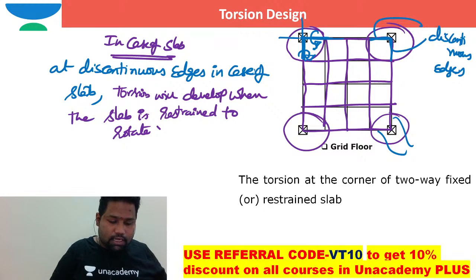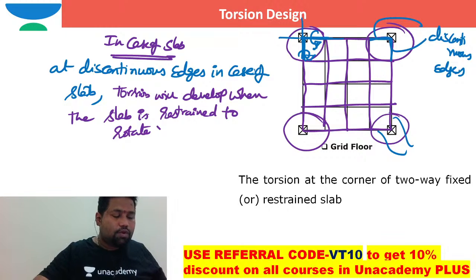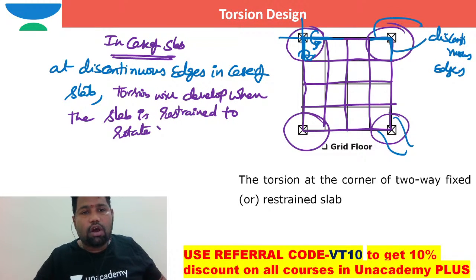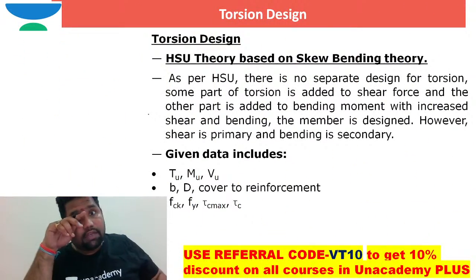So in such case, this is possible, right? Now everybody will ask us, sir, you have told different examples in which case torsion will get developed. Now the question is, sir, how to design for the torsion?